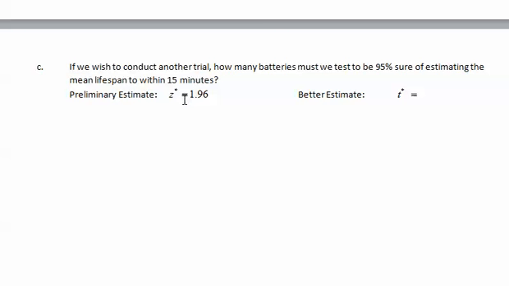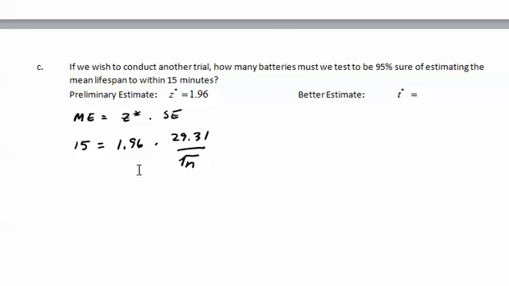Okay, so we're going to start with our z star. This is the number you would have for a 95% confidence interval. My margin of error is equal to my z star times my standard error. The margin of error, they tell me in the problem, is within 15 minutes, so that's the 15, equals the z star of 1.96 times the standard error, the 29.31, divided by the square root of n.